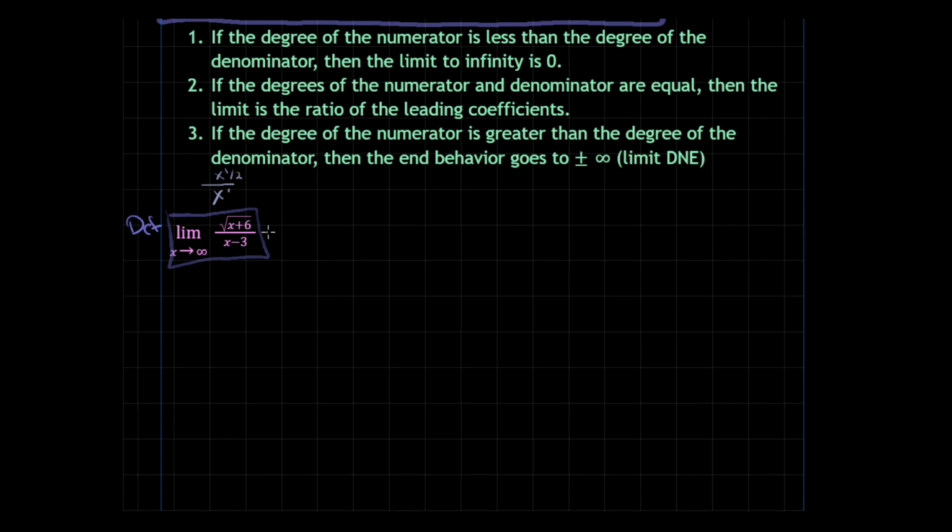My strategy here is that I'm still wanting to divide by 1 in a special way, but now I want to contend with this radical as well. I'm actually going to divide by square root of x.